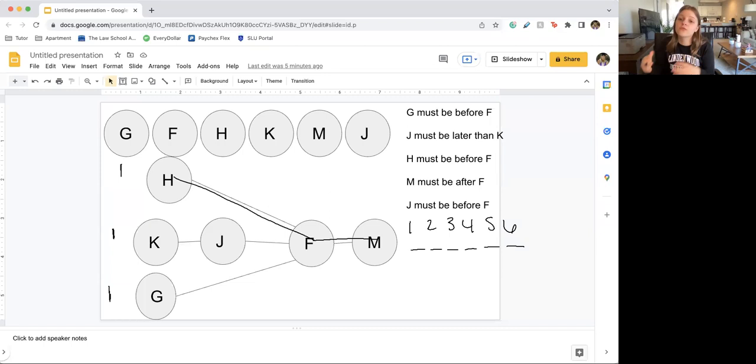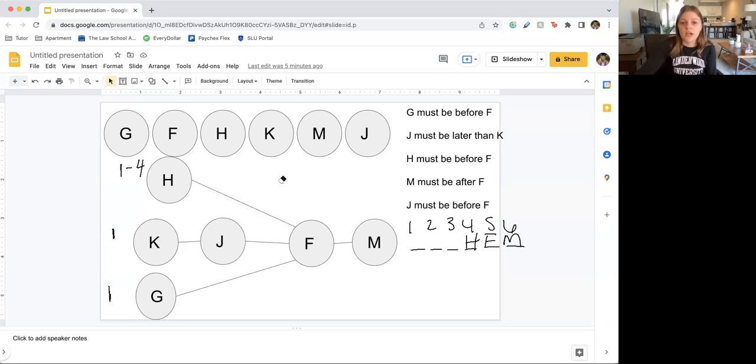I have to make sure I have 2 spaces after H. The point where I can no longer go forward is 4, because then I'll have F and M after it. So H has a range of 1 to 4, earliest being 1, latest being 4.